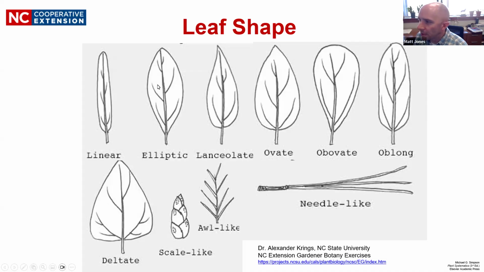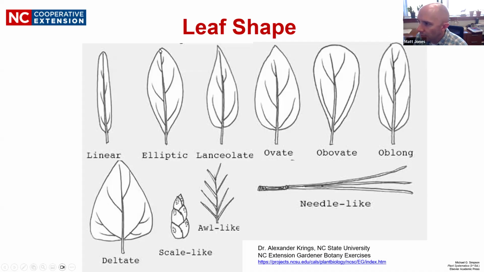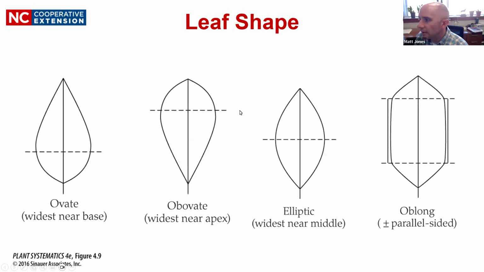Compare an oblong leaf to an elliptical leaf, and you'll notice that the curve of the oblong leaf straightens out and then curves again. Whereas in an elliptical leaf, the curve is continuous. Notice in a lanceolate and ovate leaf, we're contrasting these based on where it is widest. So in the case of an ovate leaf, it's widest at the base and narrows.